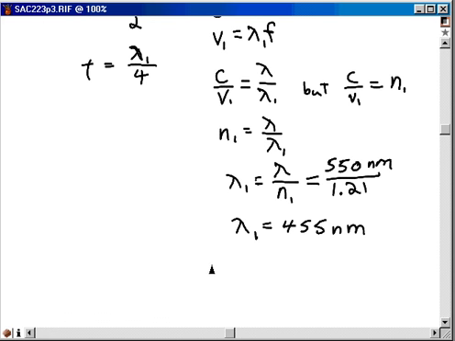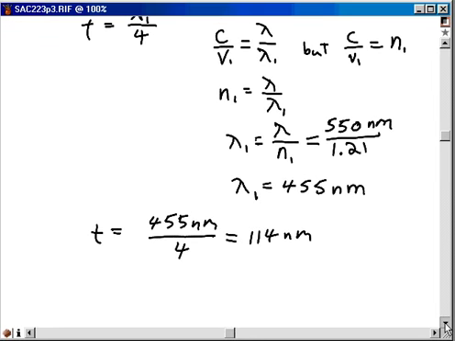If I substitute that into my expression for the thickness, you get t is equal to 455 nanometers divided by 4, which is equal to 114 nanometers. Round it to 3 sig figs.